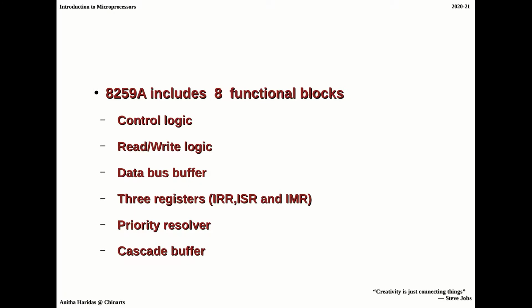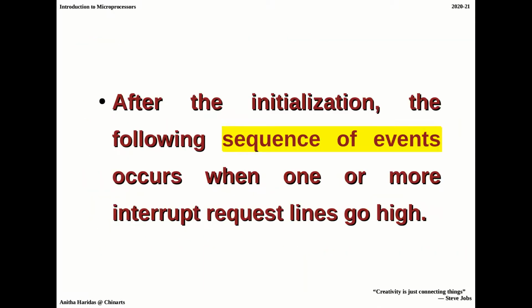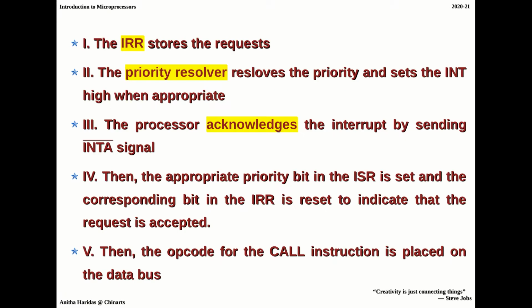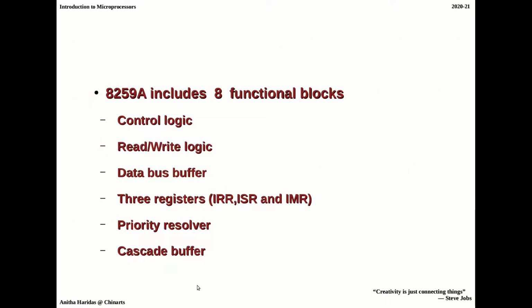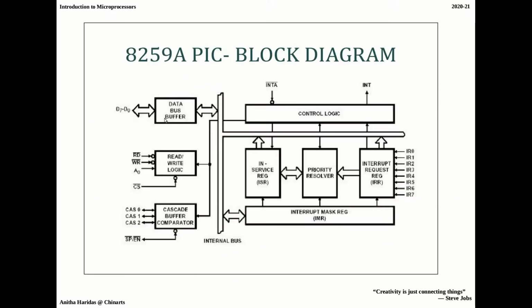Now, all these sequence of events are handled by 8 functional blocks available in the 8259A. 1, 2, 3, 4, 5, 6, 7, 8.